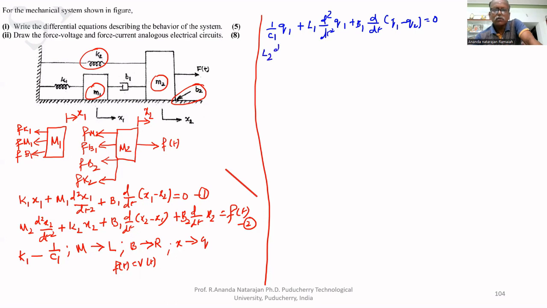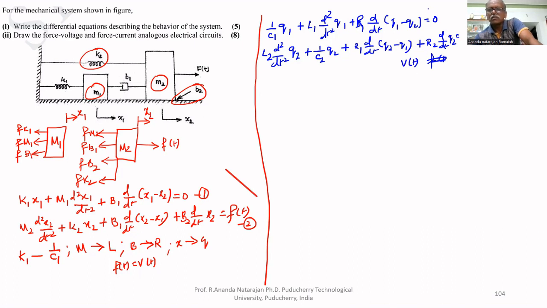Therefore, L2 d square Q2 by dt square plus 1 by C2 Q2 (this is K2, that's why C2), plus R1 d by dt of (Q2 minus Q1) plus R2 d by dt of Q2 equal to the applied force F of t, that becomes V of t, the applied voltage.